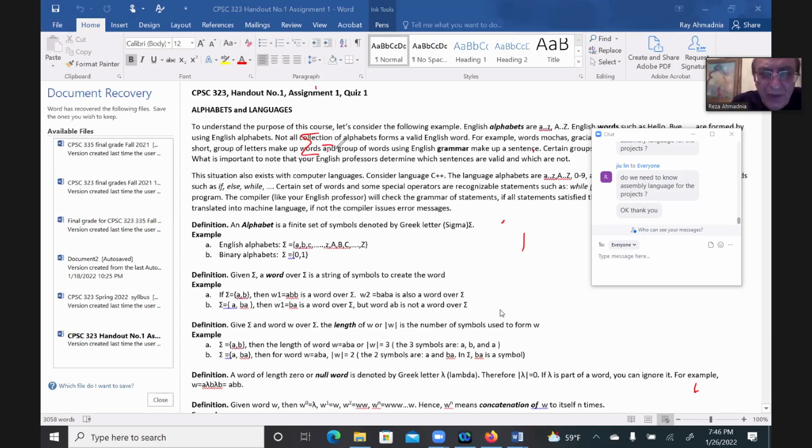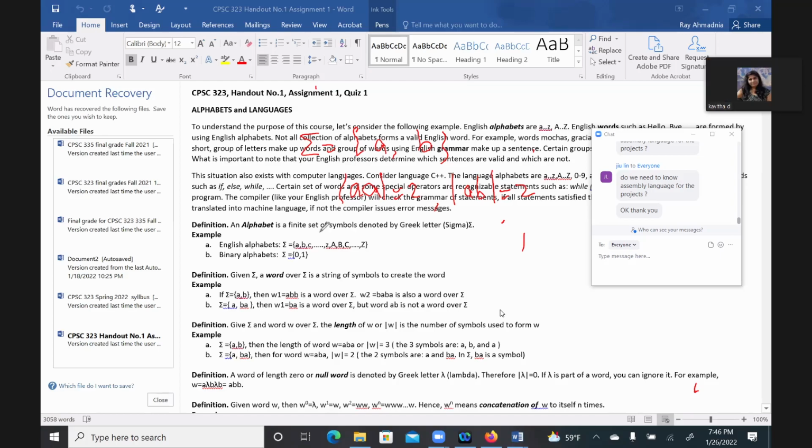If your sigma is A and B, I have 2 symbols, right? If I have a word AA, what is the length of this one here? I'm using A twice, so 2. If I create word AB, then one symbol is A, the other symbol is B, so the length is 2.